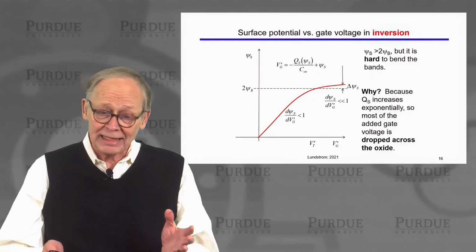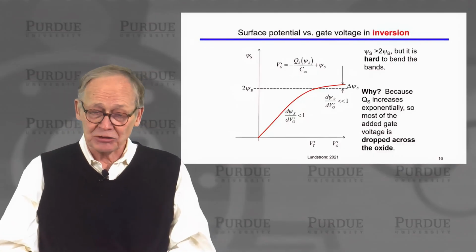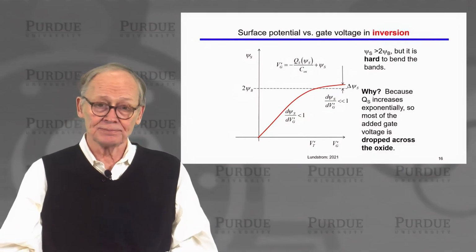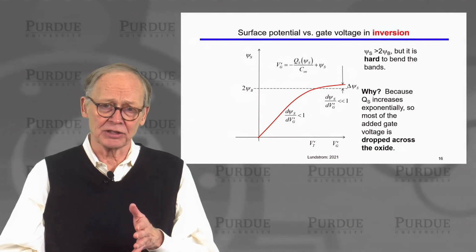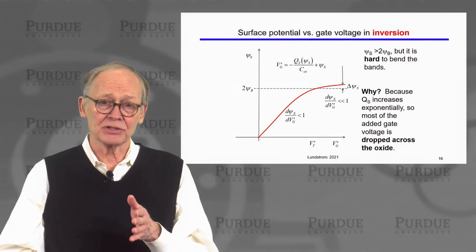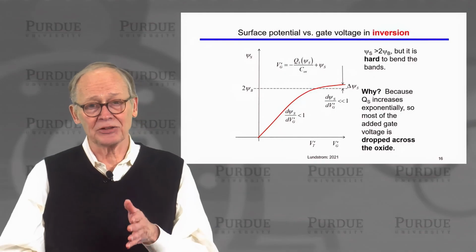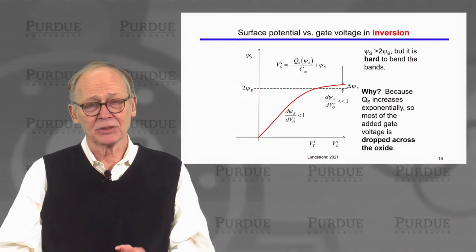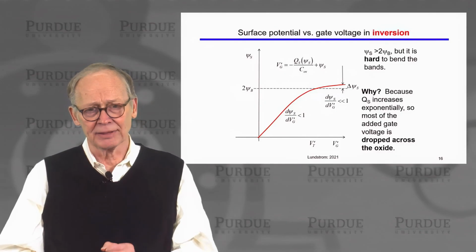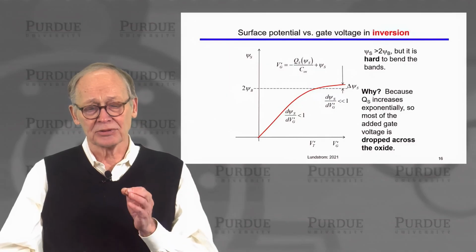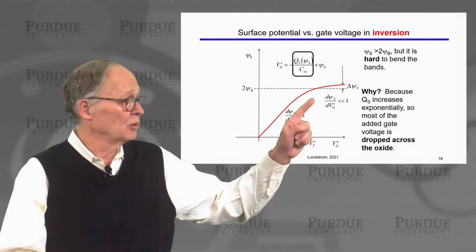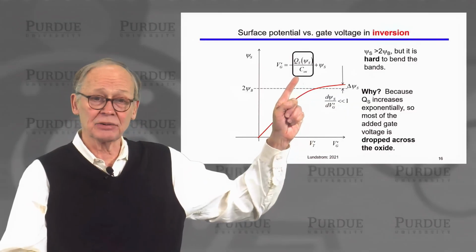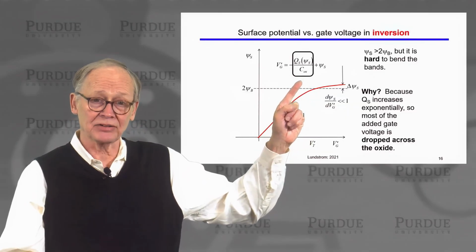Okay, why is that? Well, that's because when we go above threshold, the charge in the semiconductor now is this depletion charge plus the inversion charge, which begins to increase exponentially and dominates. So that a small additional band bending in the semiconductor produces a very large increase in the charge in the semiconductor. What that does is to increase the voltage drop across the oxide.